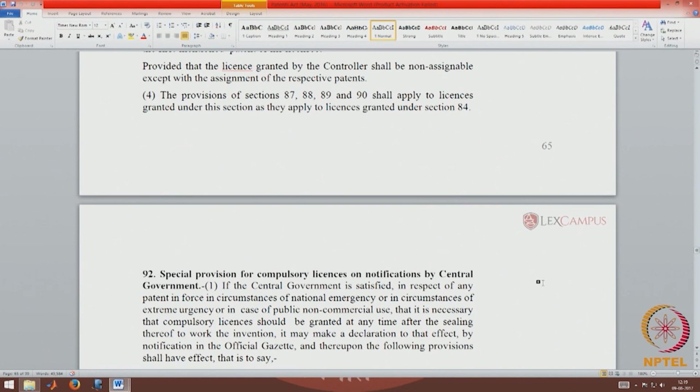So those terms will again apply in cases involving compulsory license under section 91.